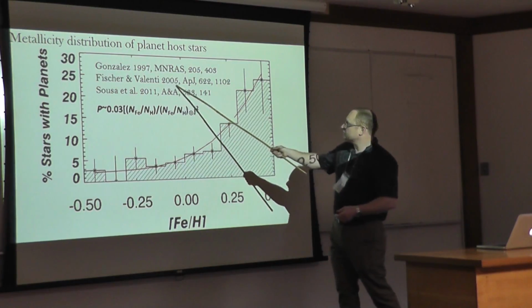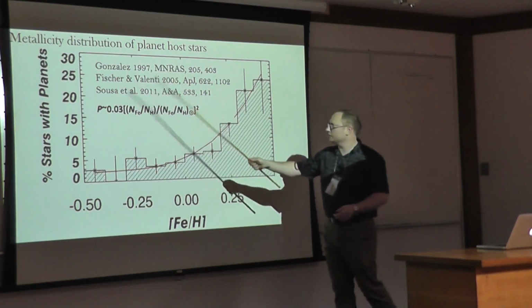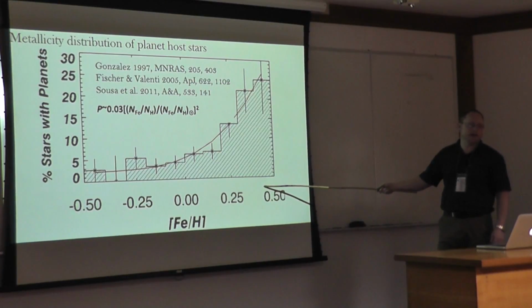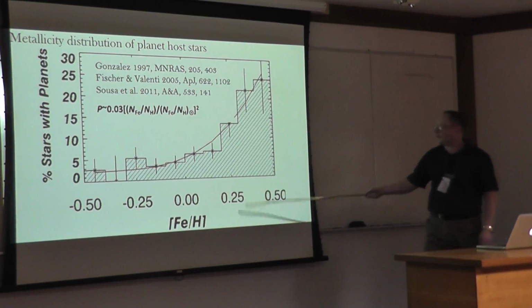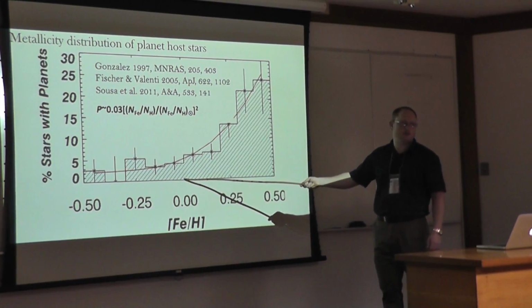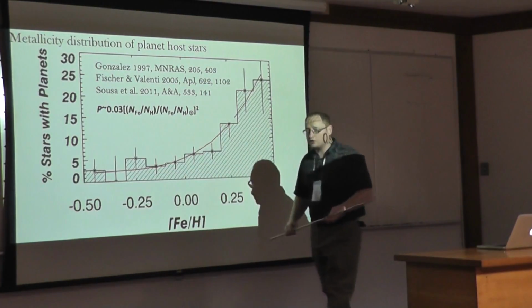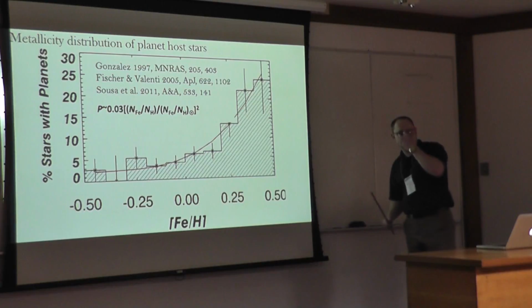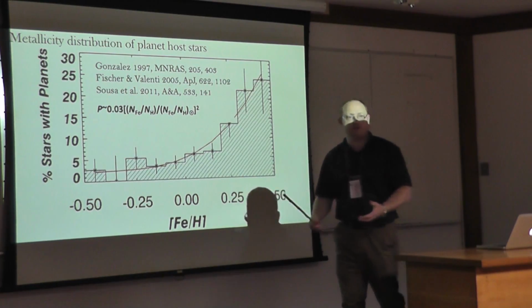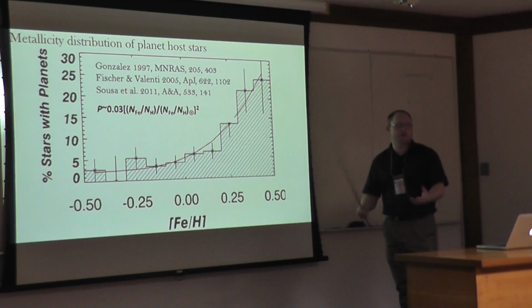And subsequent analysis, Fischer and Valenti and the Hart survey, Sousa, etc., started to find, well, when we look at the abundance of iron in the atmosphere of sun-like stars and compare that to the sun, so we set the sun essentially to 0, that sets the 0 point on this scale, and we look at the percentage of stars with planets, because at this time there was still a discussion, are these atmospheres metal-rich because they're polluted by the disk, or accreting the disk, or by engulfment of planets or so?